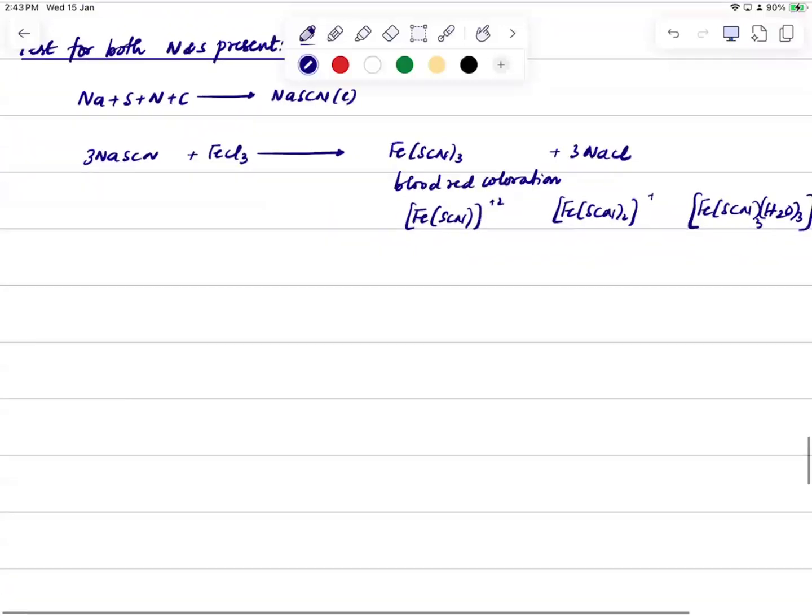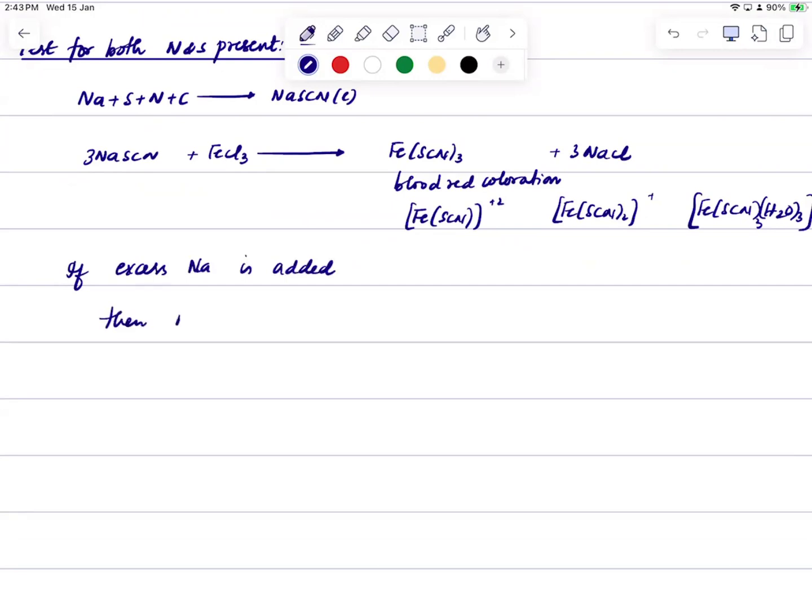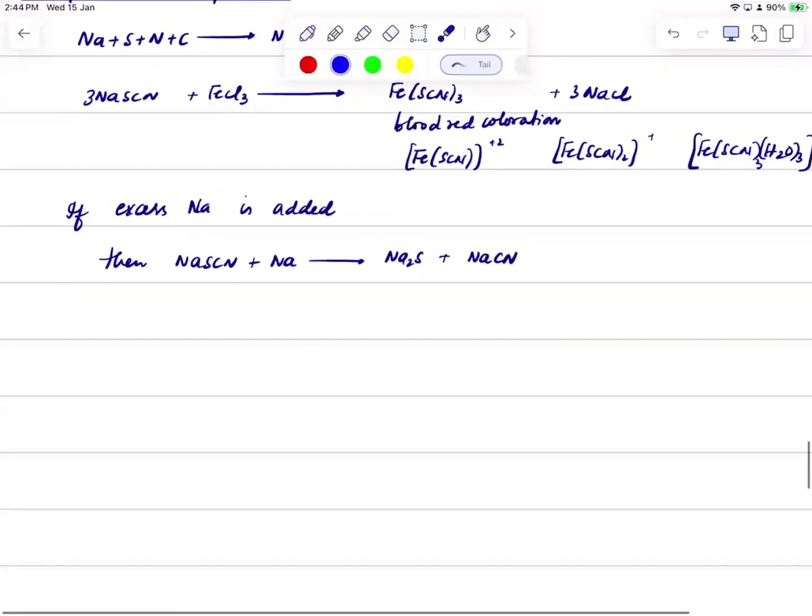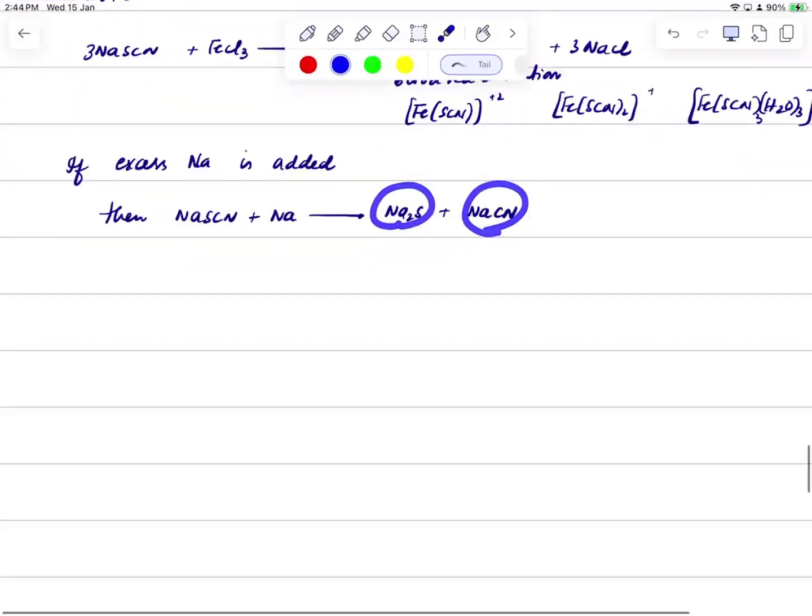Got it? Now, if excess sodium is added, then NaSCN will further react with sodium and convert into Na2S and NaCN separately. So you have to perform these two tests separately in that case.